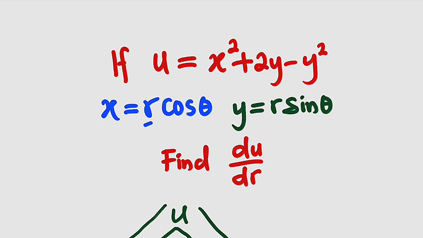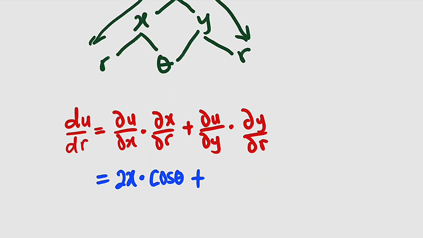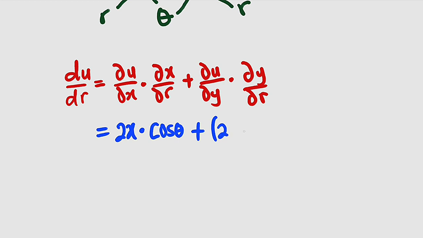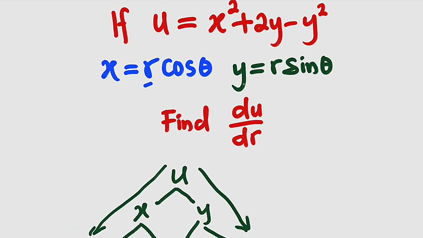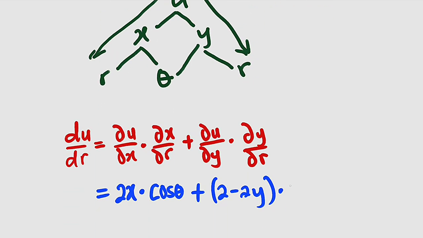Therefore, we have 2 minus 2y, multiplied by the partial derivative of y with respect to r. Here y is a function of r and theta. If you differentiate r, keeping theta constant, you get 1, and 1 times sine theta is sine theta.